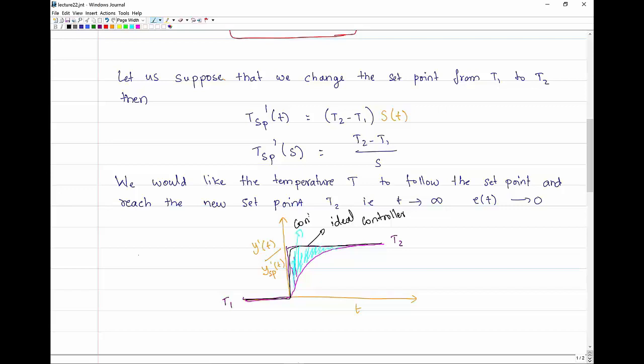On the other hand, typical processes exhibit a response where the process variable, the controlled variable, eventually reaches the set point, but with a certain amount of error, as shown in the graph here.